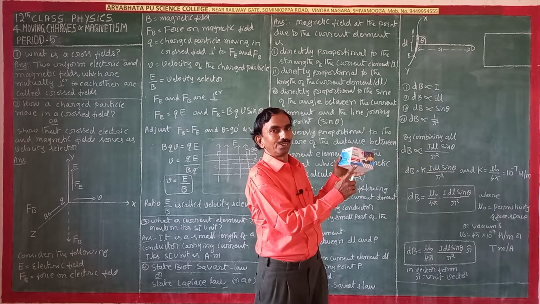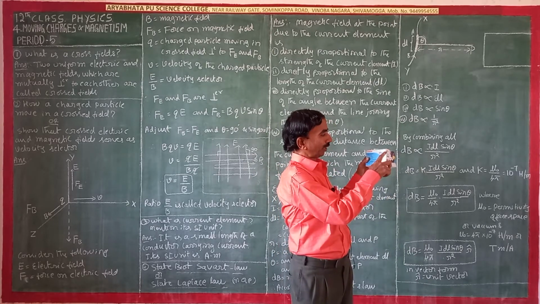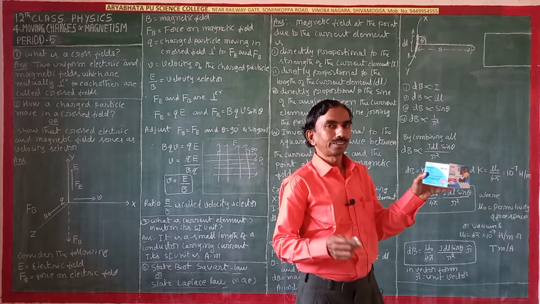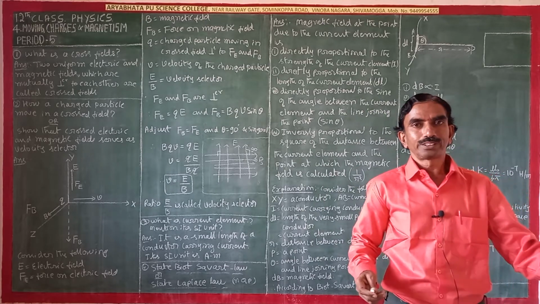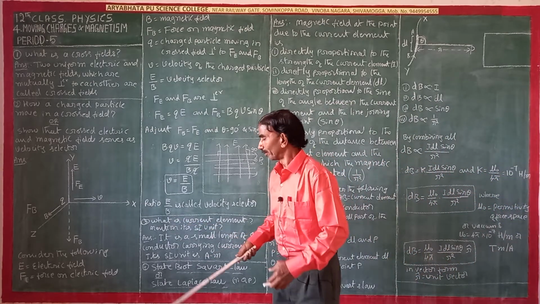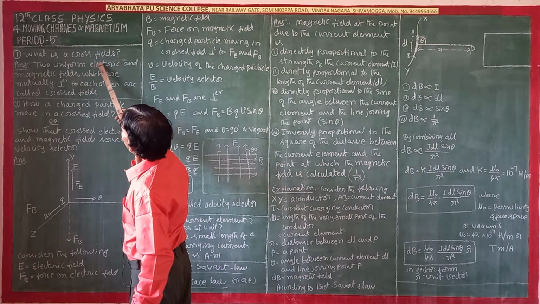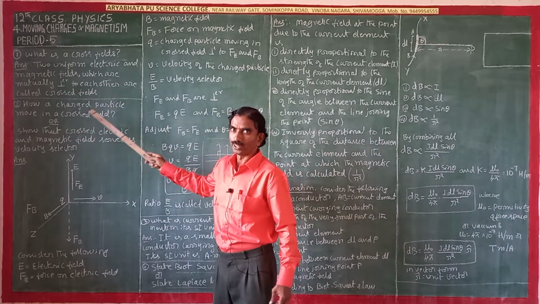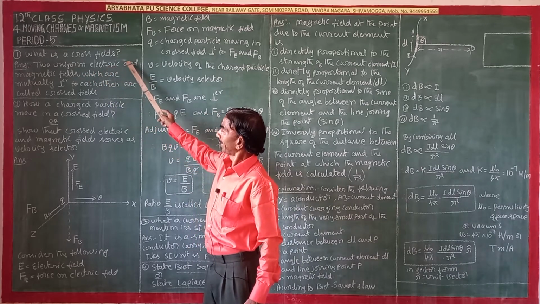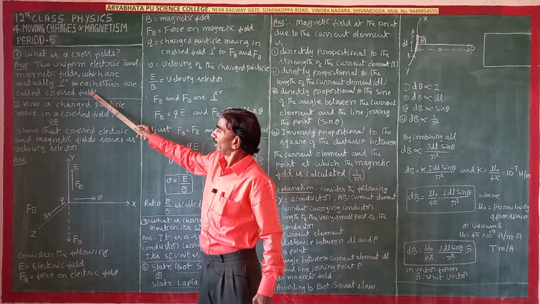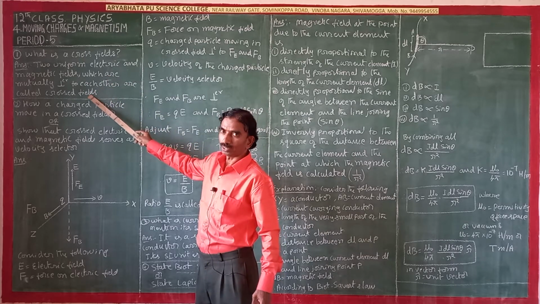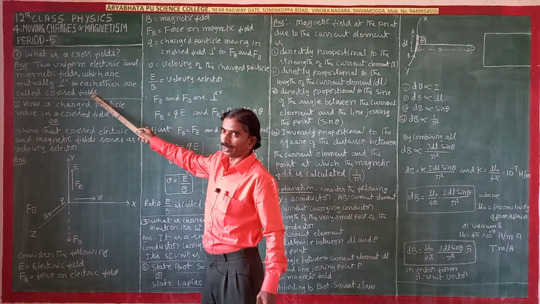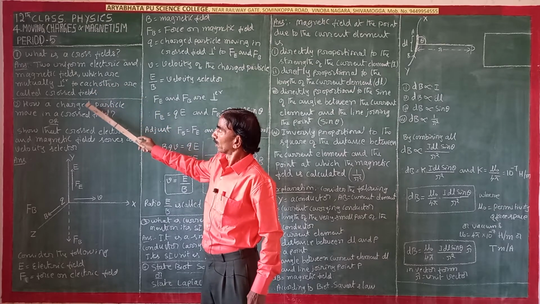A crossed field means two uniform electric and magnetic fields which are mutually perpendicular to each other are called crossed fields.